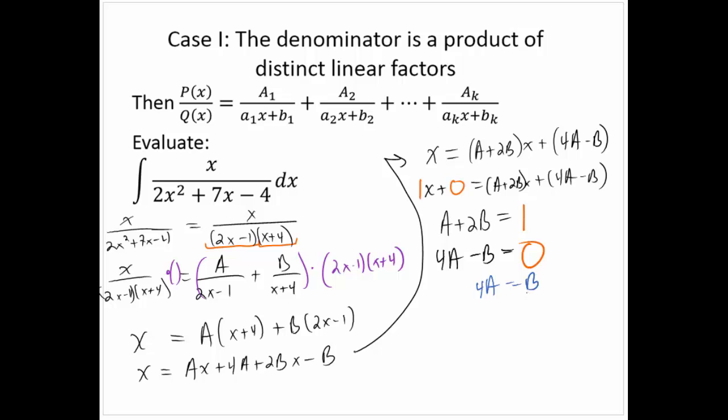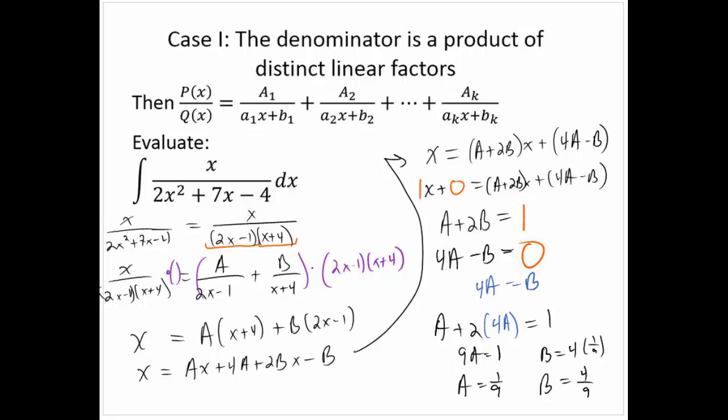And so I can substitute into the other equation. I have a plus 2 times, instead of b, I can replace it with 4a, equals 1. So what's that? 9a equals 1, and a is 1/9. And so if a is 1/9, then b would equal 4 times 1/9, b would equal 4/9.